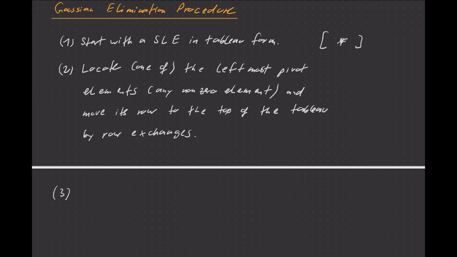Any entries in there? We select one of the leftmost elements that are not zero. Let's say we select this element here. The corresponding row, and then we move that to the very top.